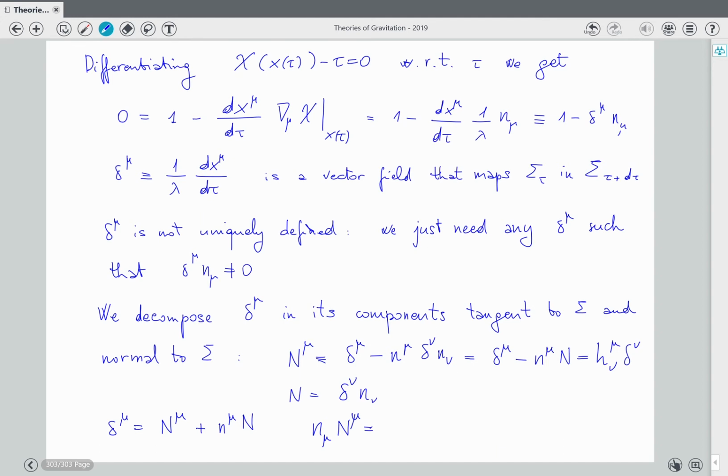Anyway, we can check directly that it is orthogonal to the orthogonal, because n mu capital N mu is equal to this minus that, which is 0, because n squared is equal to 0.